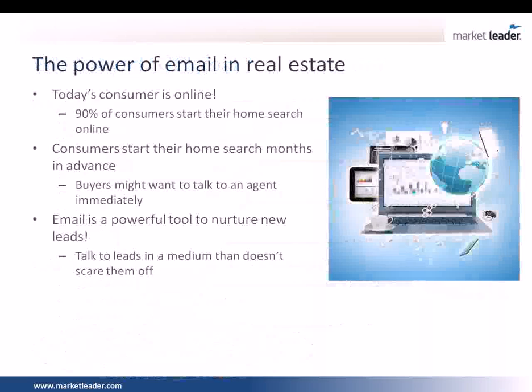Updated market conditions, how their home compares to other homes in the market, or actual pictures and details of homes. 90% of your emails that you send out should be about those two things. The value of their home, how it stacks up to other homes in the neighborhood, if they're a potential seller, or listings and details and pictures about homes. 90% of your emails should be about that.